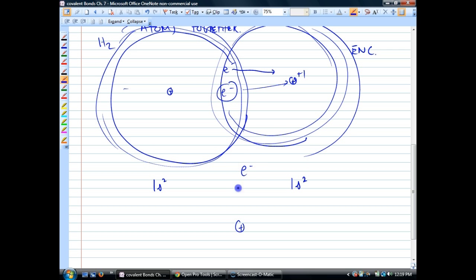So let's say here's another atom coming along, and it wants to join the party. Problem is, for this electron to get involved here, it can't get into that 1s subshell. It's full, right? So what would it have to do? It would have to go into the second energy level, but then the effective nuclear charge for that electron would be 0.